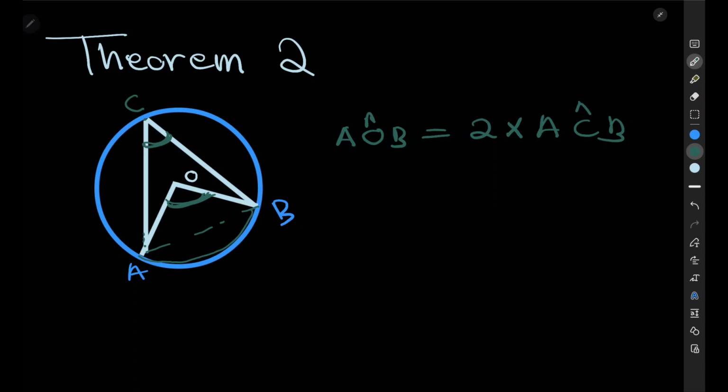So in other words, angle at center will be equal to 2 times angle at circumference.